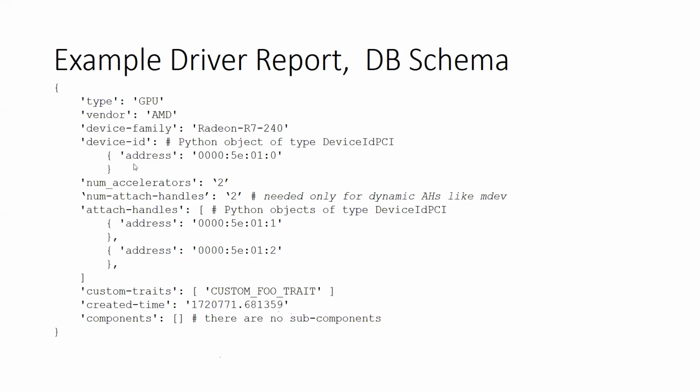So are they in the same object or two objects? I think it will be two objects, right? If you have two PFs, that means you have two of these here. I agree with you, two objects.